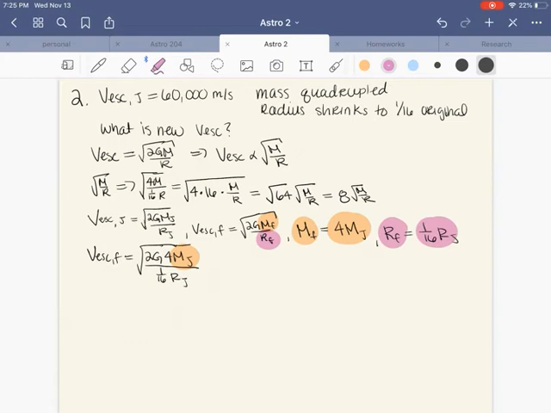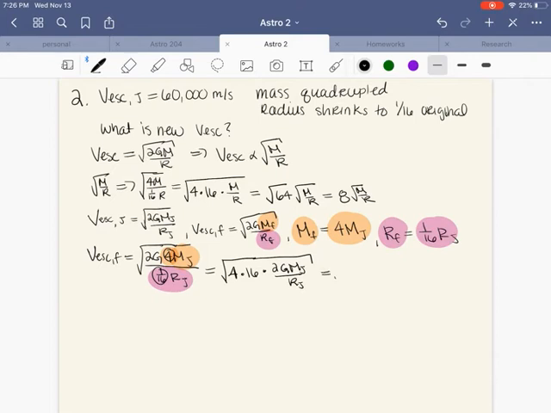Now I want to get rid of the stuff that I've added in. I've added in this 4 and this 1/16, and I want to pull them out. So I'm going to pull out 4. Dividing by 1/16 is the same as multiplying by 16, and this is root 64.